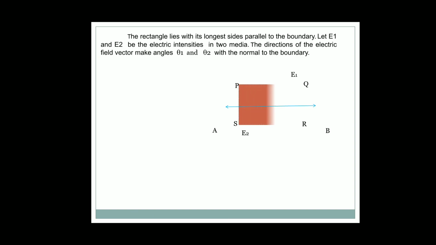You see once again here, this is the boundary, and this is the normal drawn to the boundary. E1 and E2 are the intensities of electric fields.